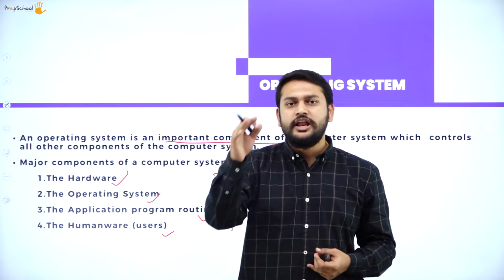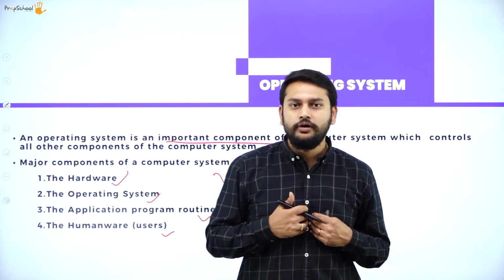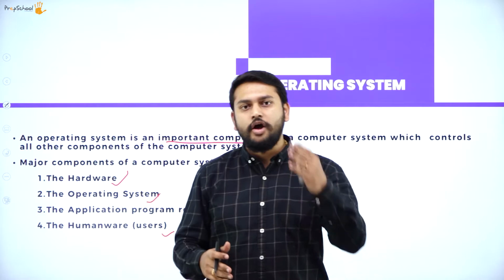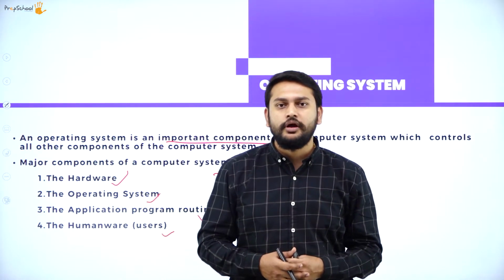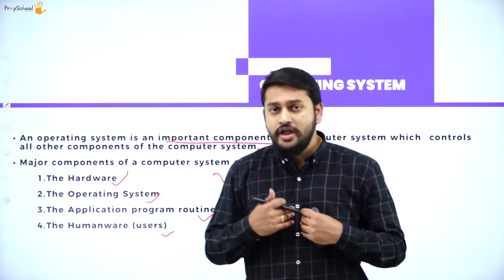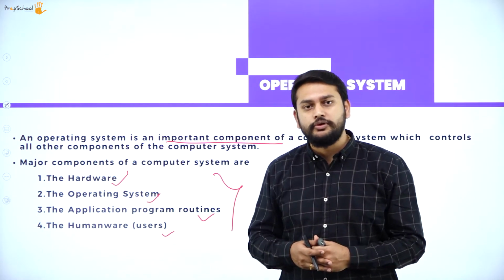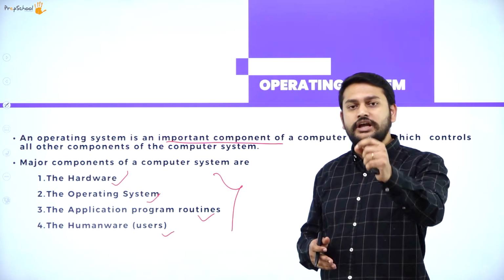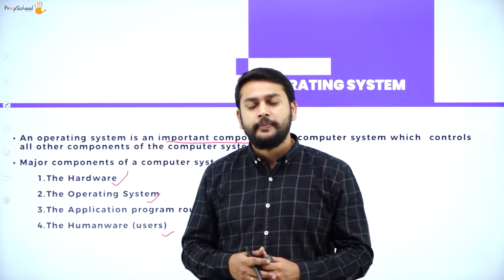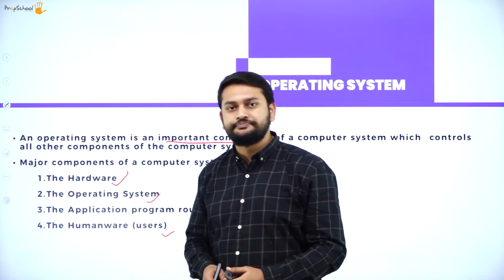I would like to quote: CPU is not the brain of the computer. In fact, the operating system is the brain of the computer. If you understand the complete functionality of the operating system, I should say it is the brain of the computer, because each and everything is controlled, coordinated, and executed by it. This is what you need to remember about the operating system.